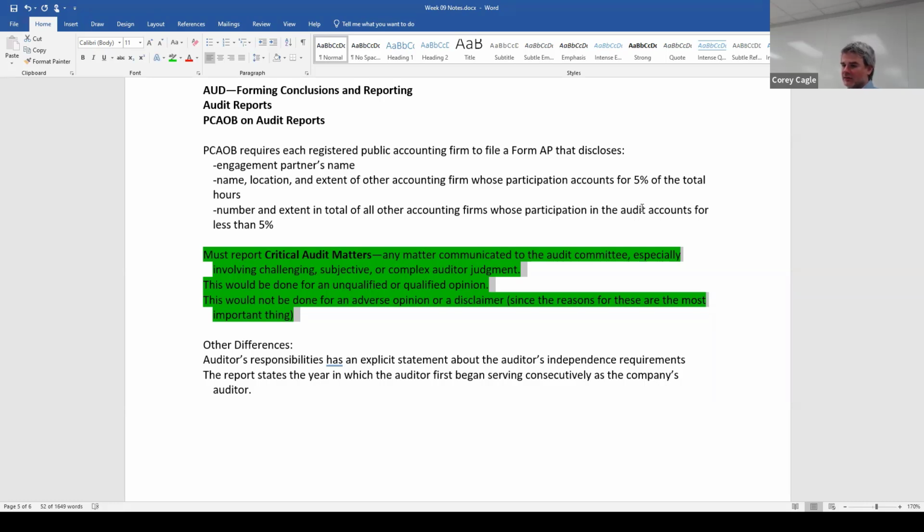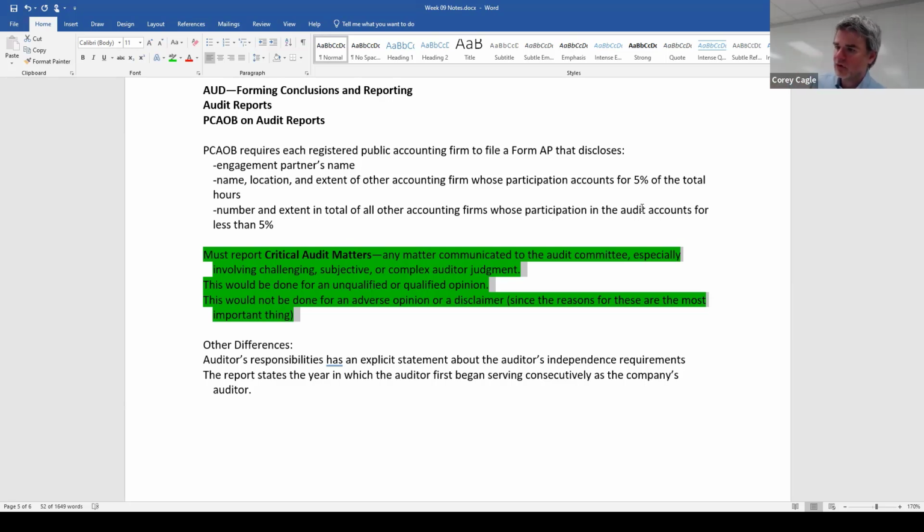It would not be done for an adverse opinion or disclaimer because we don't want to take away the focus, right? The reason they got an adverse opinion or the reason they got a disclaimer, we don't want to bury that in a bunch of other stuff. We just wanted that to be the, hey, this was a big problem and it caused this. There you go, right?